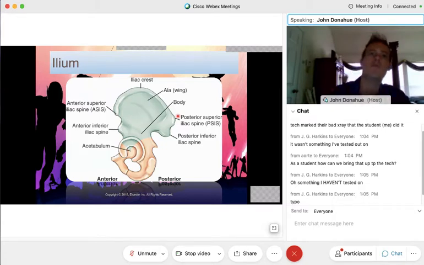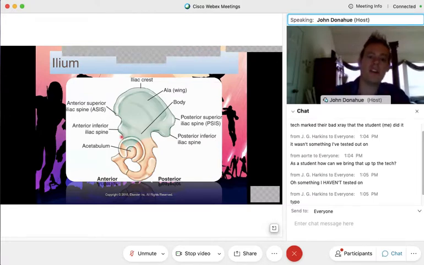Once again, you can use the abbreviations, but make sure you know what those stand for as well, because I will use those words interchangeably. I don't want them to throw you off. So PSIS, PIIS on the posterior side, ASIS, AIIS on the anterior side of that hip bone or pelvis.